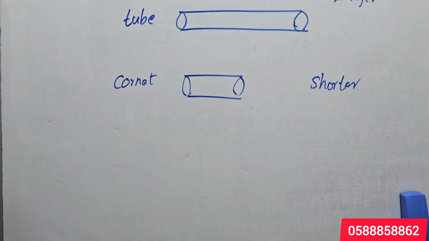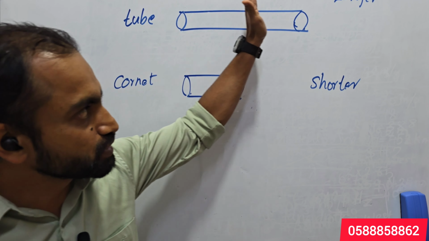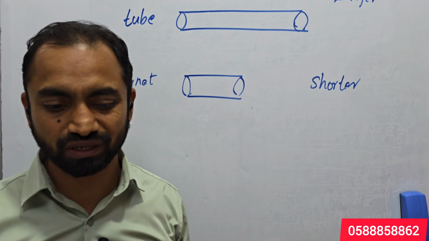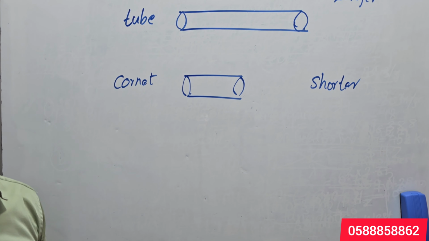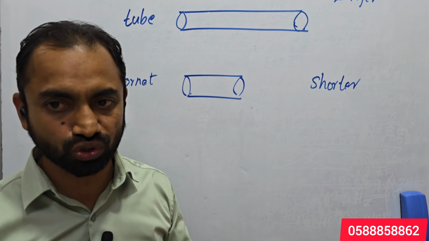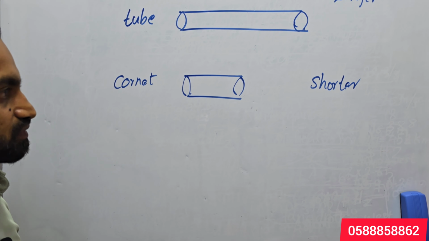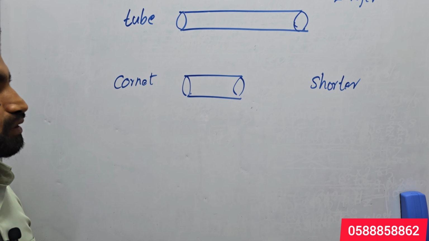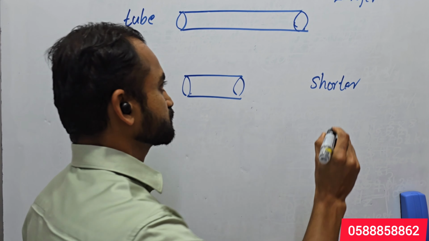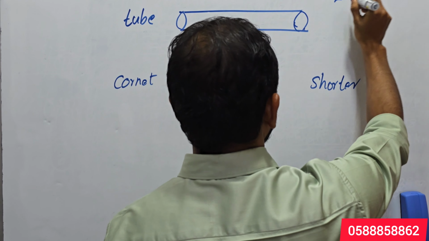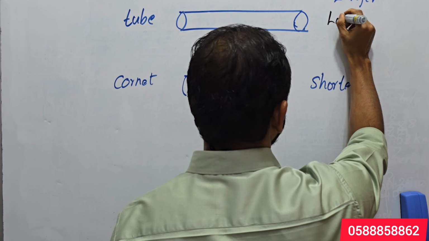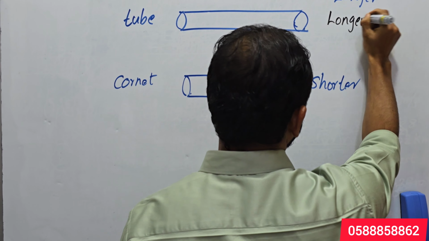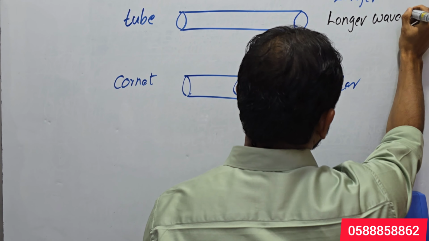Listen students, if the length of the tube is longer, what about the wavelength? Will it be a large wavelength or a small wavelength? Longer tube means longer wavelength, very good. I will write: longer tube means longer wavelength.